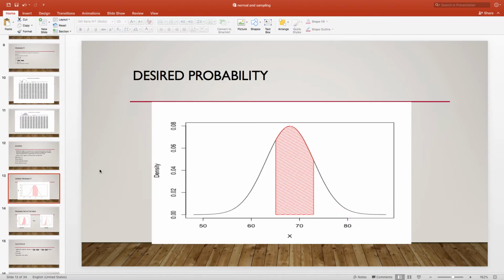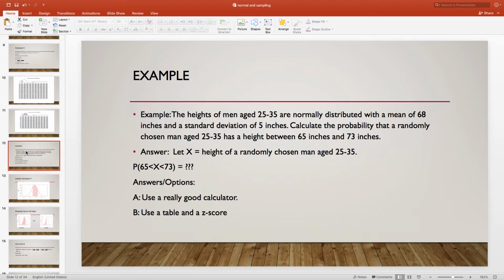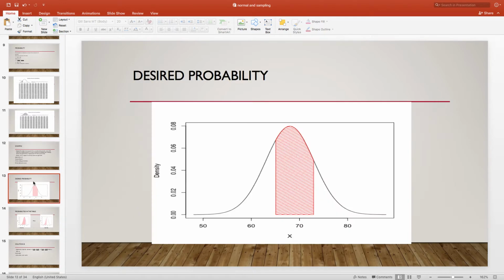This is our desired probability. So here we want to calculate between 65 and 73, and the mean is 68 with a standard deviation of 5. So here 68 occurs at that peak. We want to calculate between 65 and 73. And so this probability is not listed in the table.